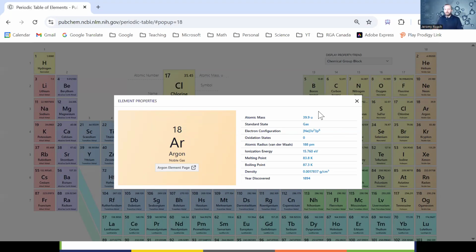Just doing some quick review here, we can figure out the number of neutrons that argon has. Its atomic mass, protons plus neutrons, is 40. We can subtract 18 protons, and that gives us 22 neutrons. But more importantly, related to predicting the ionic charges, it has 18 protons. It also has 18 electrons.